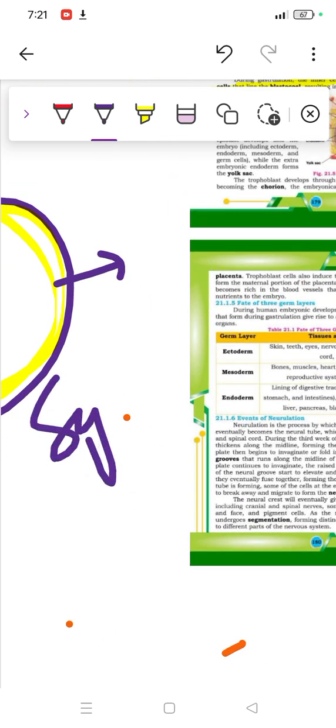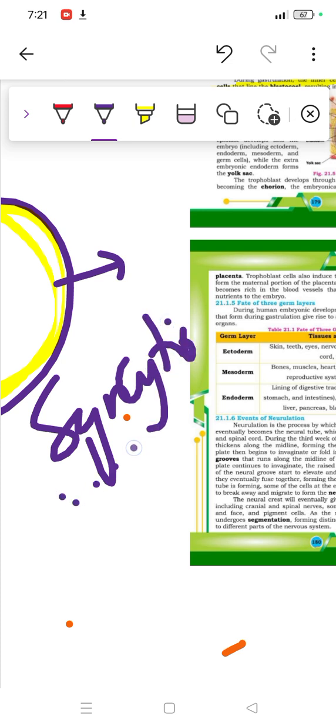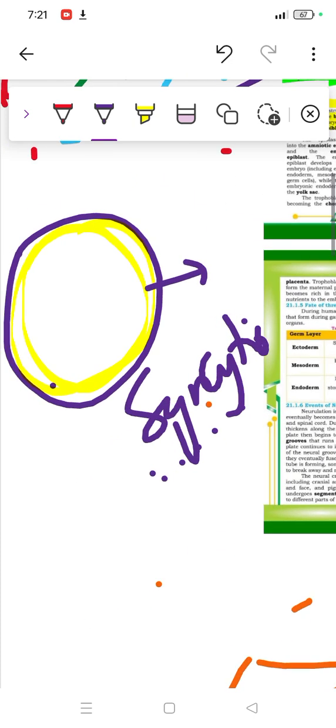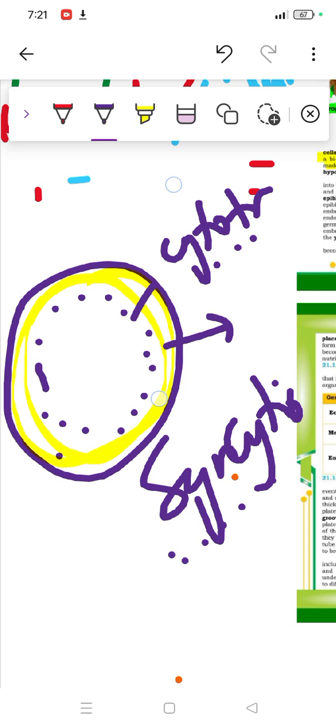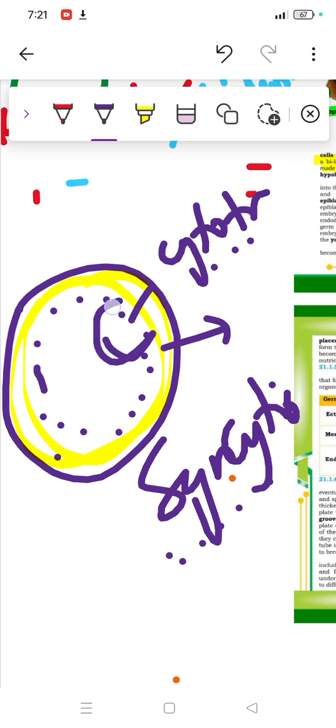I'm just writing trophoblast. Then the inner one here, where we get the cells, is called the cytotrophoblast, you can write it. Then this cytotrophoblast forms a structure over here.